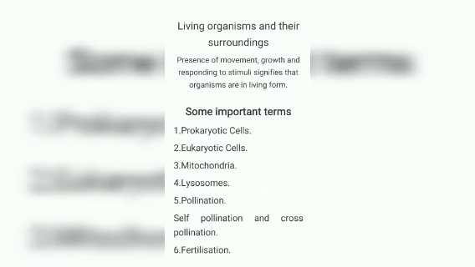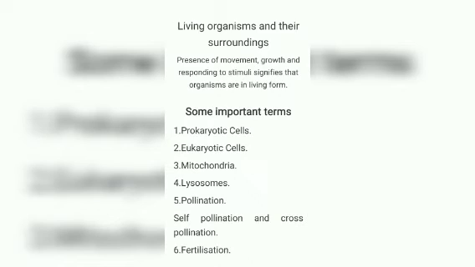Now let's talk about some important terms. That is the prokaryotic cell. Prokaryotic means where no true nucleus is present, where there is a lack of nucleus and membrane-bound cell organelles.